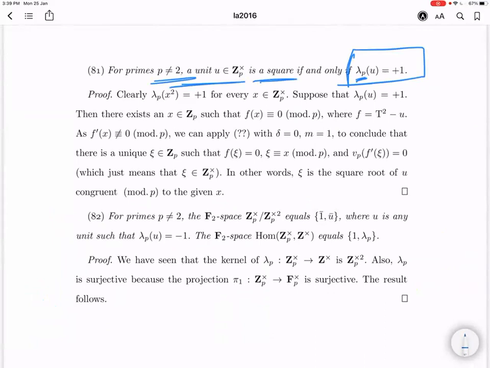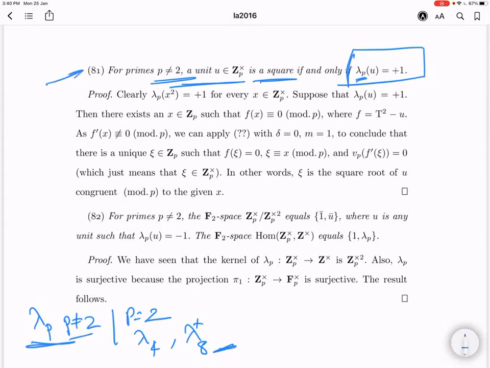Lambda p has been defined only for p odd. For p equal to 2, what I've defined are lambda 4 and lambda 8 plus. These are also quadratic characters, but of Z2 star. Here, p is odd.